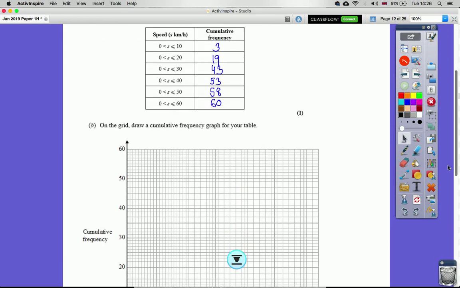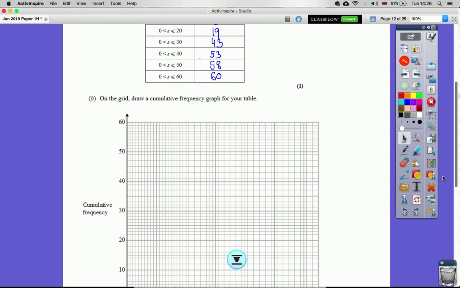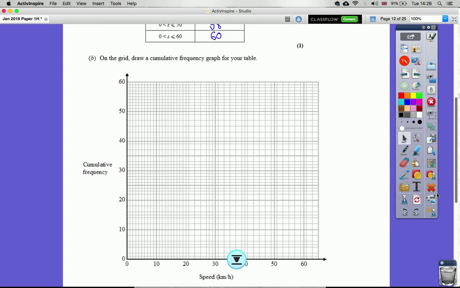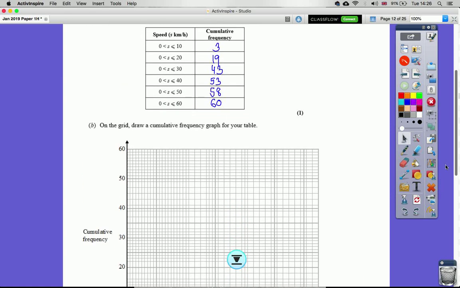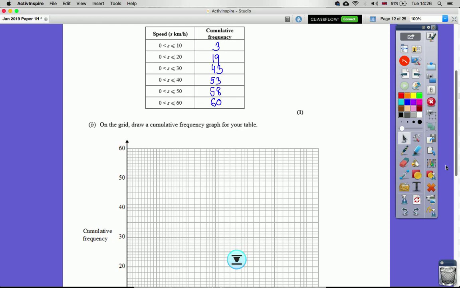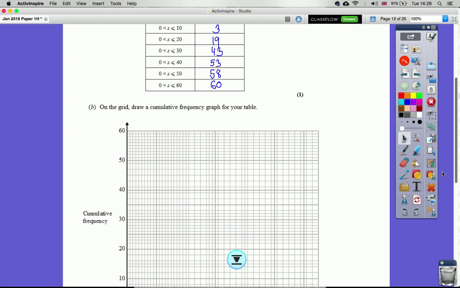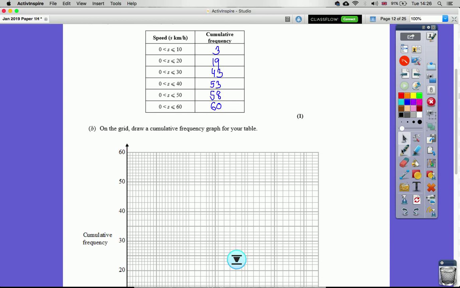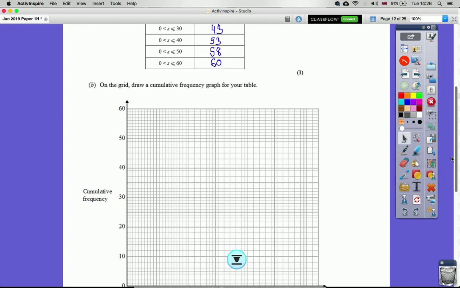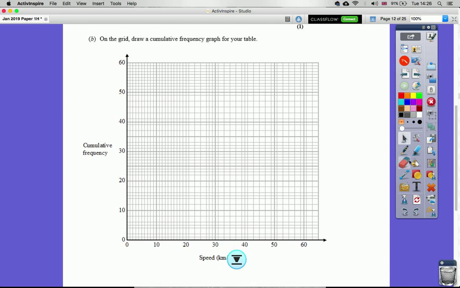Now we're going to plot these values on the graph below. Okay, so our values were 3, 19, 43, 53 and 60. So let's start plotting them. We are going to take these values as the x and these values as the y. So our first coordinate is 10 and 3.